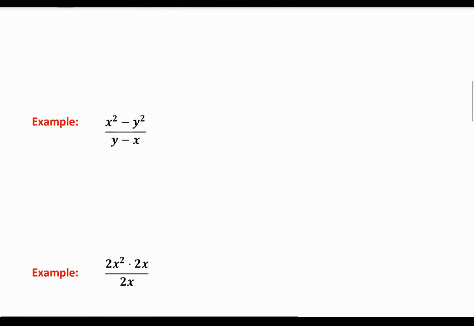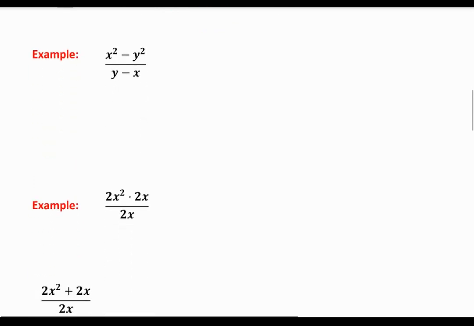Okay, let's see another example. Let's say this time we have x's and y's. First, in the numerator, there's a difference of squares. So how was the difference of squares? I can write x squared minus y squared as x minus y times x plus y.